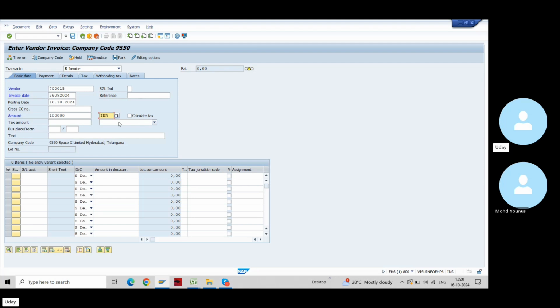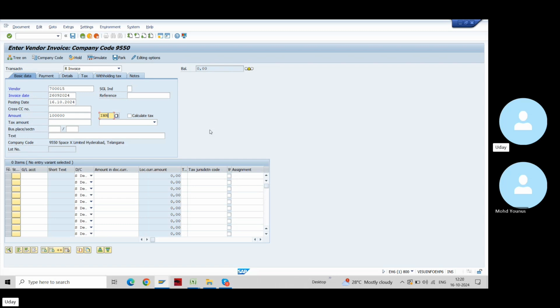So my company code currency is INR, the local currency. By default, whenever you post any entry like FB60 or FB70, the system automatically picks your local currency here. My company code got created with INR, so it picked INR.